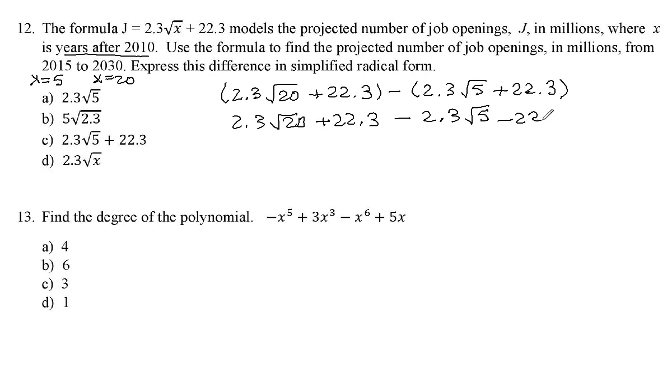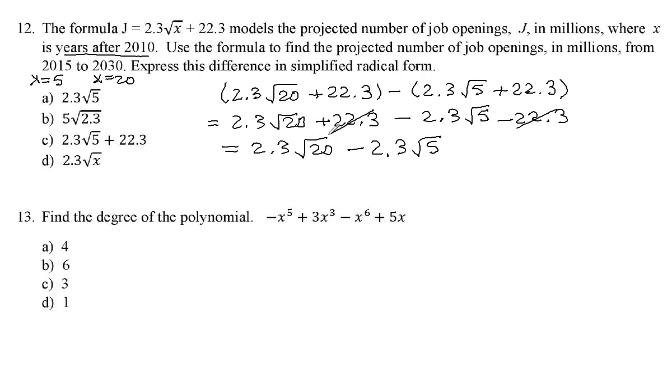So distribute that negative sign. And then these guys cancel. So they're done for the day. And we've got now 2.3 root 20 minus 2.3 times root 5. And notice that's not one of our answers here. Okay, so we've got some more work to do simplifying.